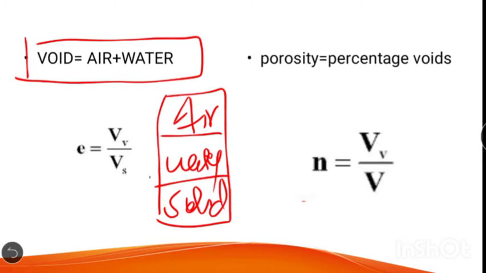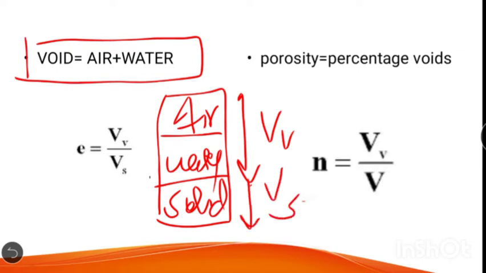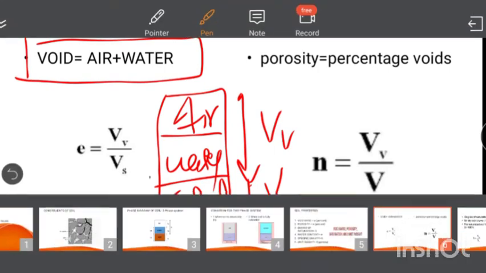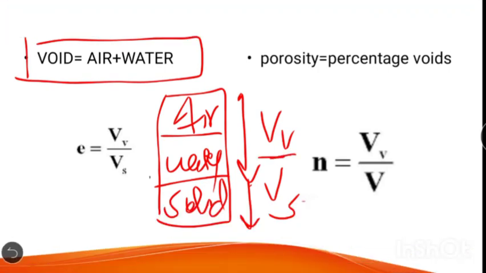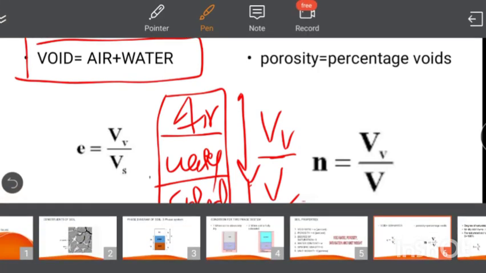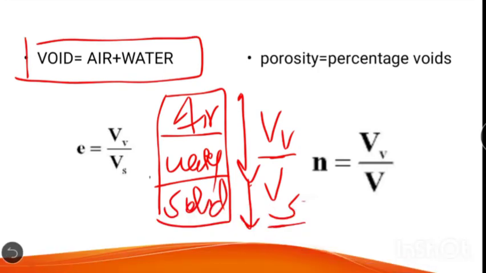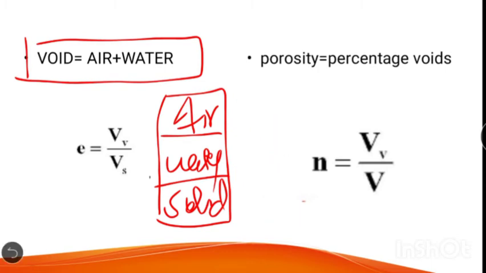Void ratio is the ratio of the volume of void to the volume of solid. Friends, never memorize this formula, just understand what void ratio means: how much void is present relative to the solid. This is known as the void ratio.